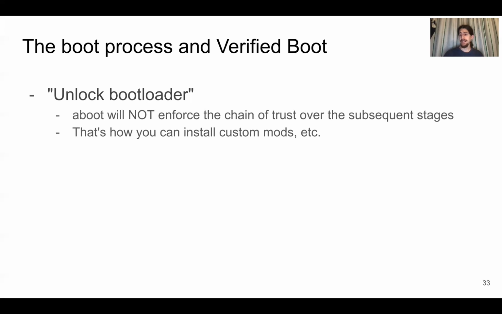In that case, they modify the basic Android system that is actually run, and the way you can push your own custom Android system is by unlocking the bootloader. So A-boot remains the same, but then you can modify the Linux kernel. And since A-boot is now unlocked, it is not going to complain that this component is not exactly what it expected, but fine, it's going to do it anyway. Okay.